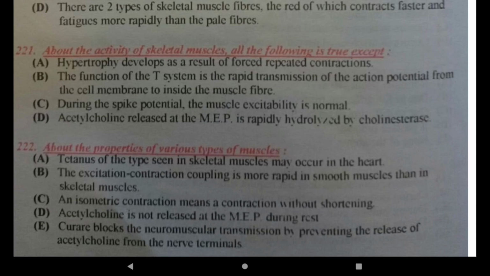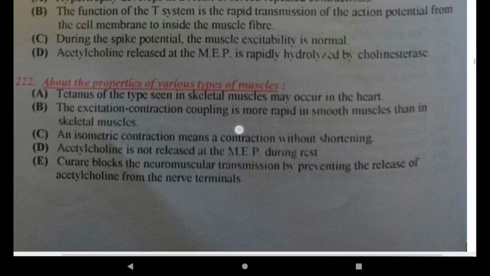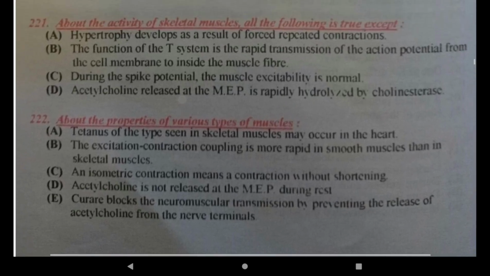The other alternatives are correct: acetylcholine is hydrolyzed rapidly by acetylcholinesterase, the transverse tubules are very important for spreading action potentials from the cell membrane to the inside of the fiber, and hypertrophy develops as a result of repeated contractions, which is the basis of people going to the gym.